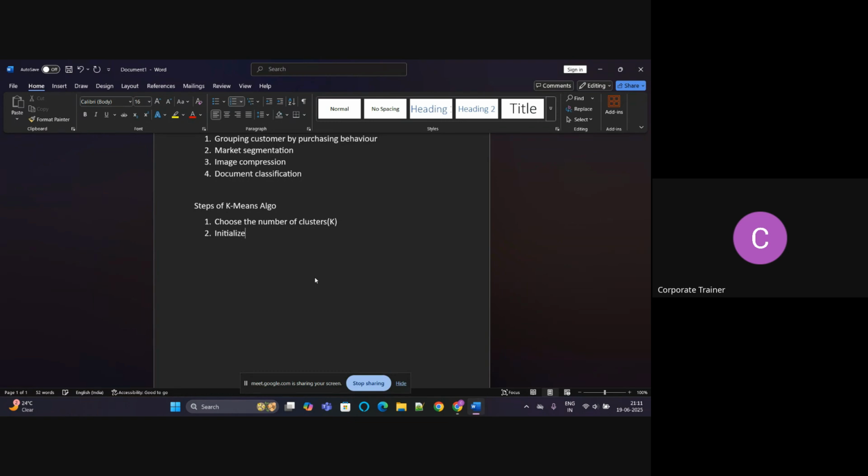Third, we assign each data point to the nearest centroid, the nearest cluster centroid.